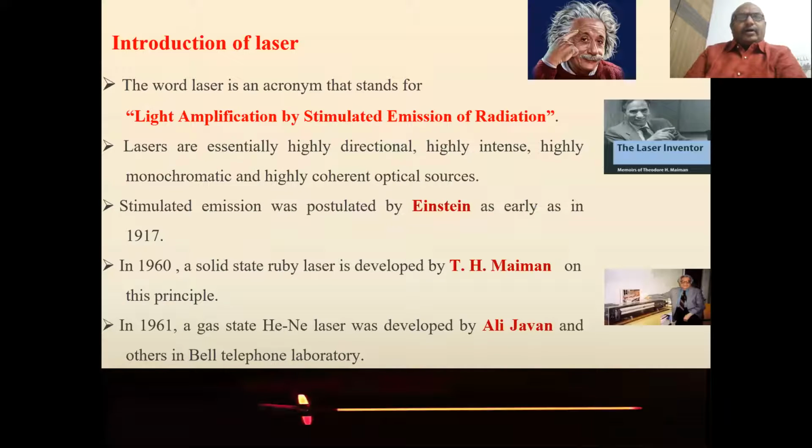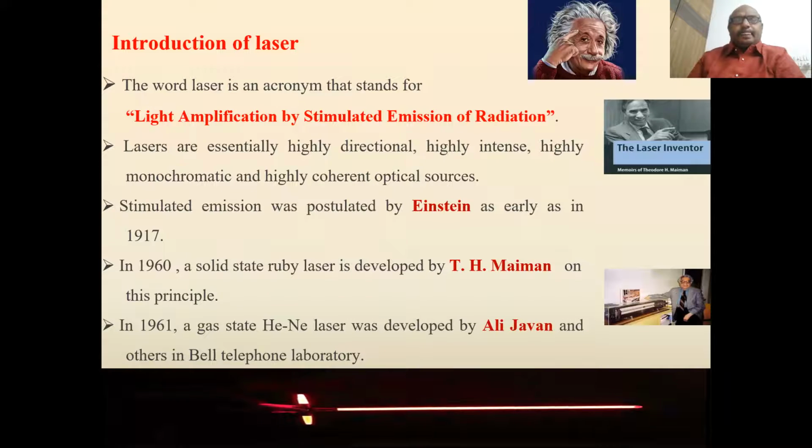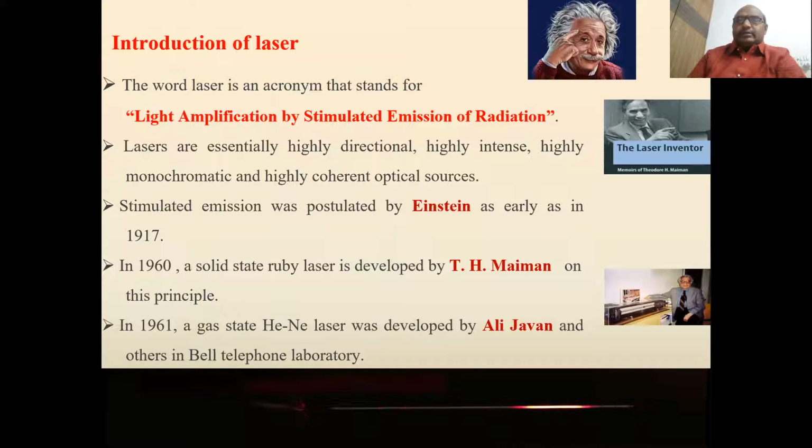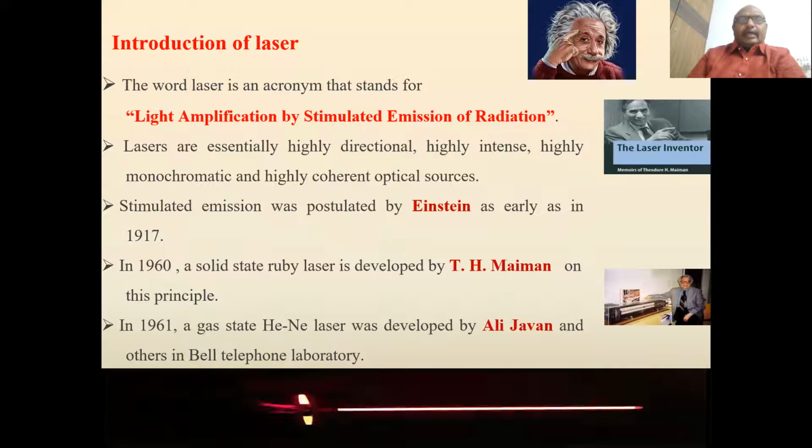In the introduction, the word laser is an acronym that stands for light amplification by stimulated emission of radiation. Lasers are essentially highly directional, highly monochromatic, high intensity, and highly coherent optical sources.